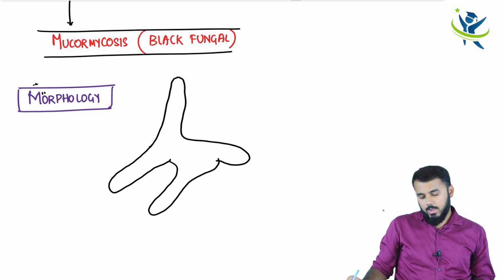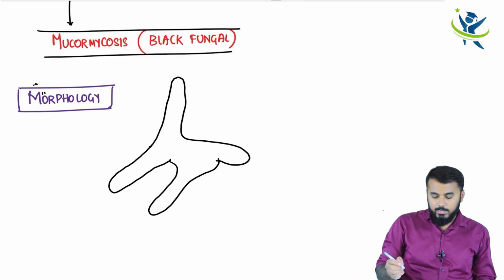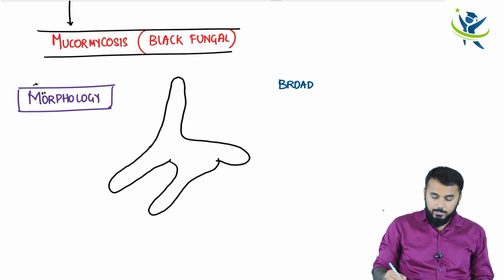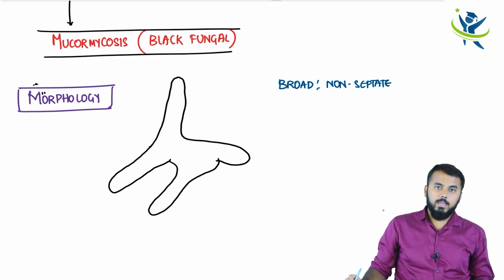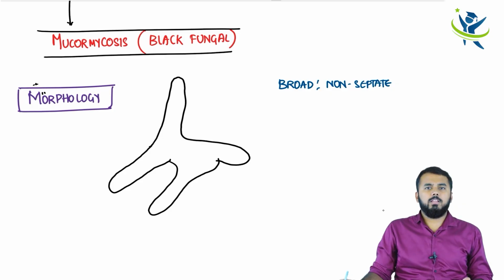Exactly this is not the picture, but what I want you to know here is that, first, these hyphae are broad, isn't it? They're broad. And are there any septa? No. These are non-septate hyphae, right?